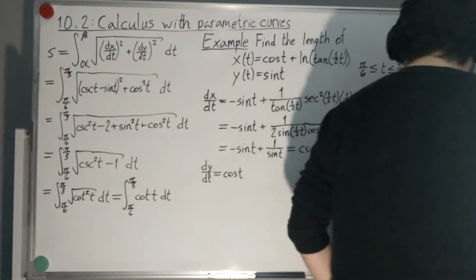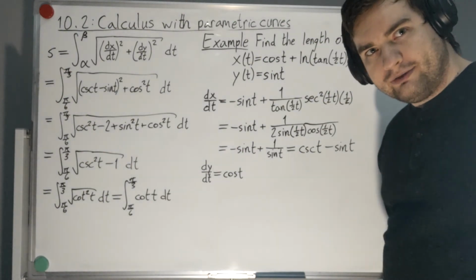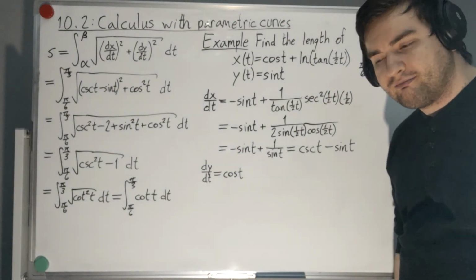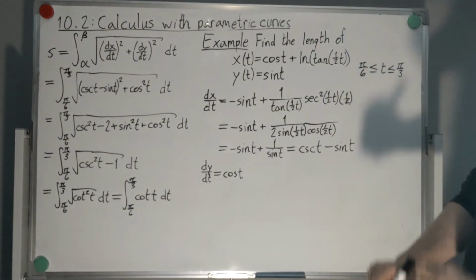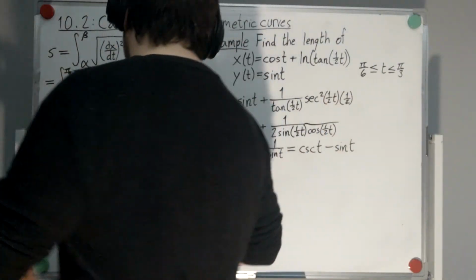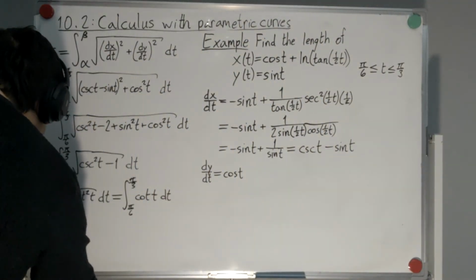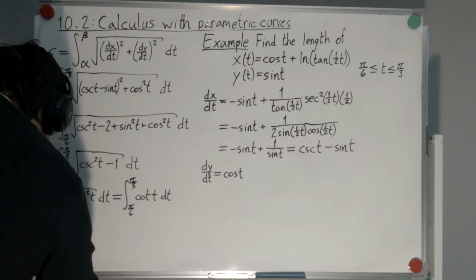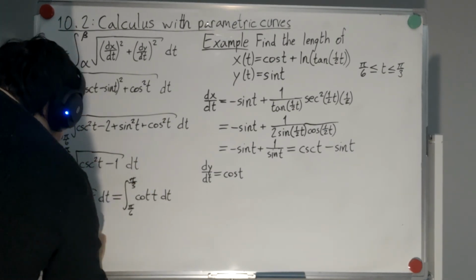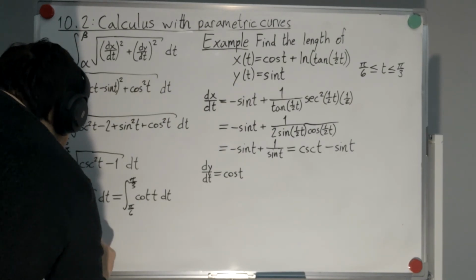Right then. Do you know how to do that antiderivative? Here's how you do it. We can write this as integral from pi over 6 to pi over 3 of cosine t divided by sine t dt.